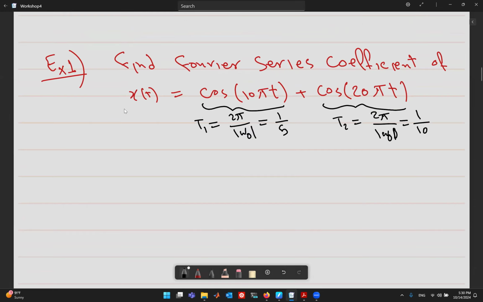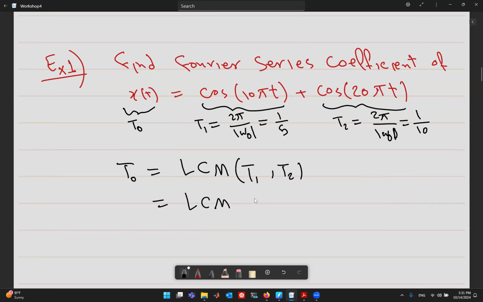Next, we need to find the fundamental period of the whole signal, and this is given by T naught, the least common multiple of T1 and T2, which is the least common multiple of 1 divided by 5 and 1 divided by 10. And the least common multiple of those two numbers is 1 divided by 5.